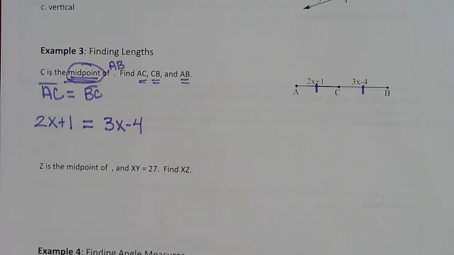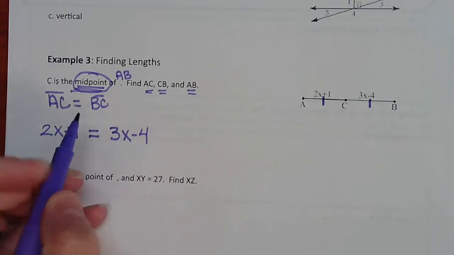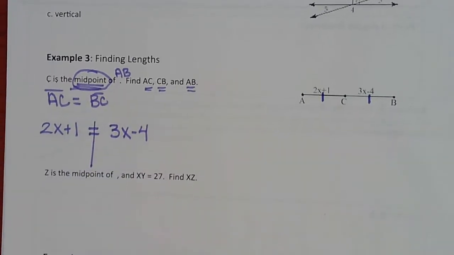So when you have a midpoint, you may have x's or variables on both sides of your equation, but you're not going to be adding lengths together like we did yesterday. That's the weird thing for today. So now you have variables on both sides of the equation.